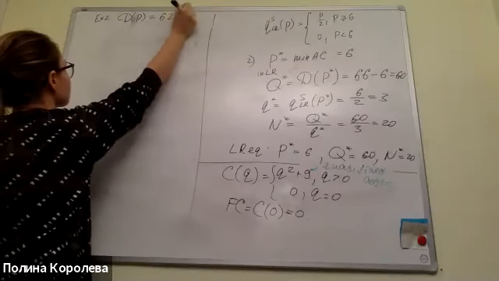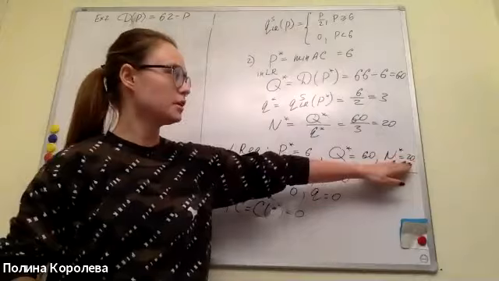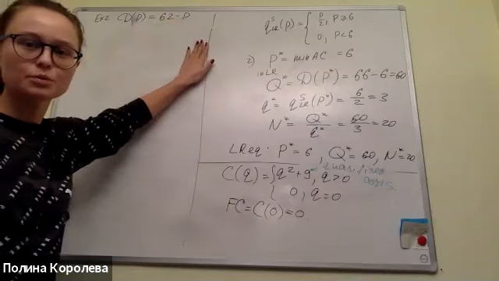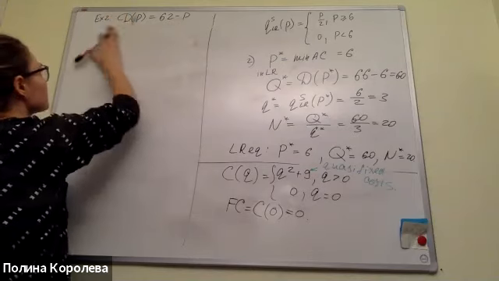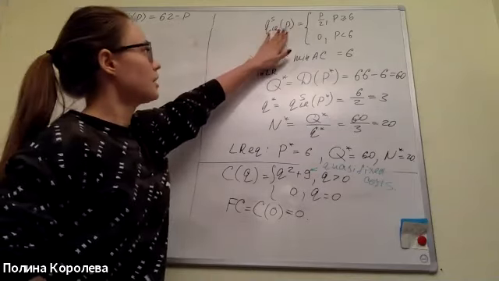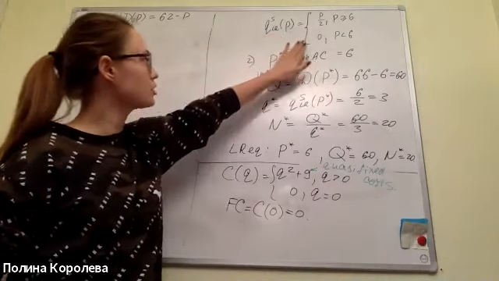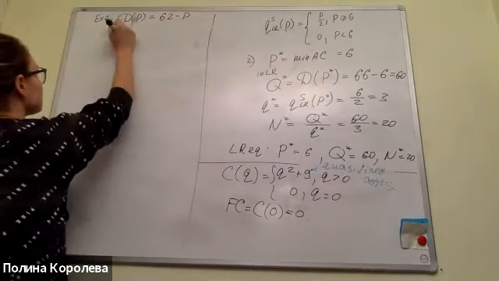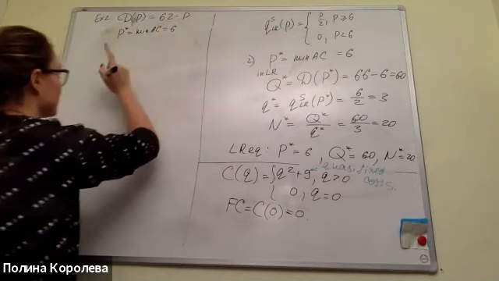And you also said that the number of firms is an integer. Here we have 20 firms, an integer, no problems. But for this demand function, let's see what we will have. The individual supply function is the same, and the price equals the minimum of average costs, which equals 6.